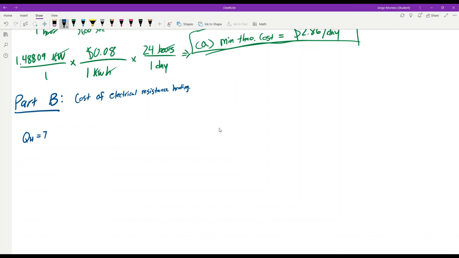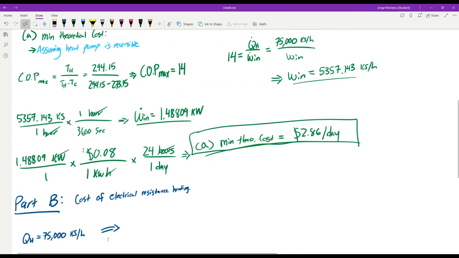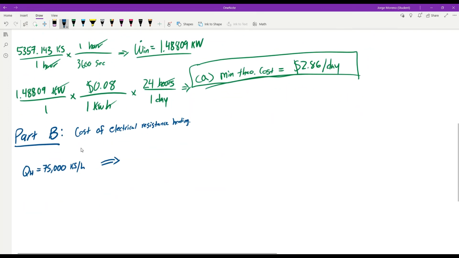We know that QH is 75,000 kilojoules per hour. I'm going to convert QH from kilojoules per hour to kilowatts, using the same factor we've been using.